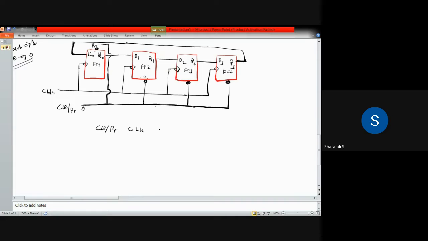Then we put Q0 at last, so Q3, Q2, Q1, Q0. If clear or preset equals 0, at that time, irrespective of your clock pulse, Q3 will be equal to 0, Q2 will be equal to 0, Q1 will be equal to 0, Q0 will be equal to 1.